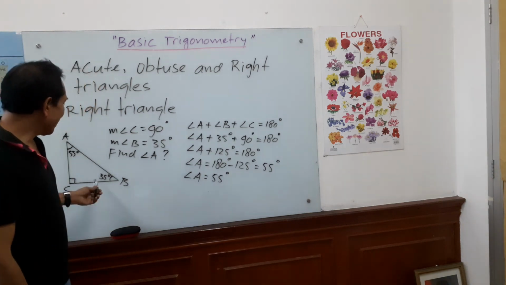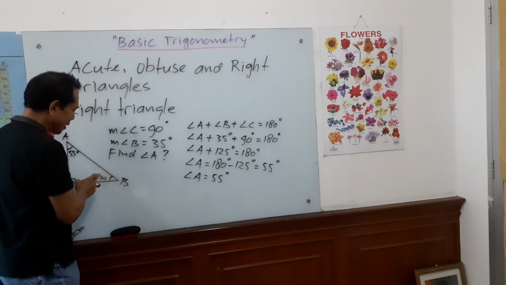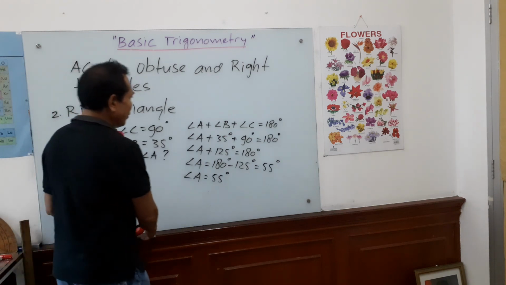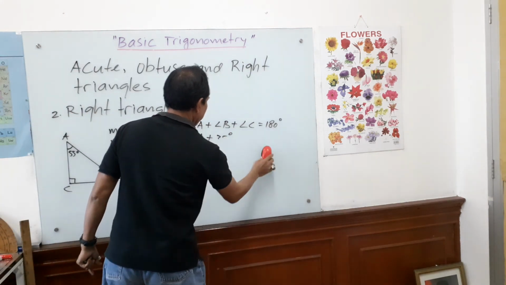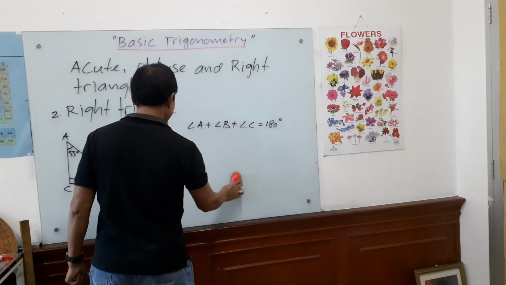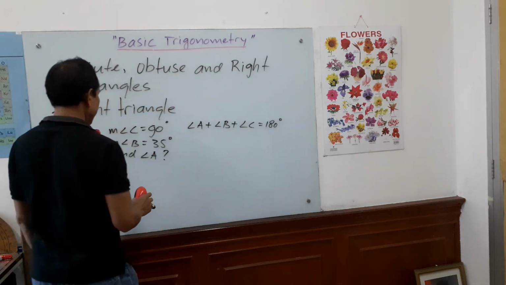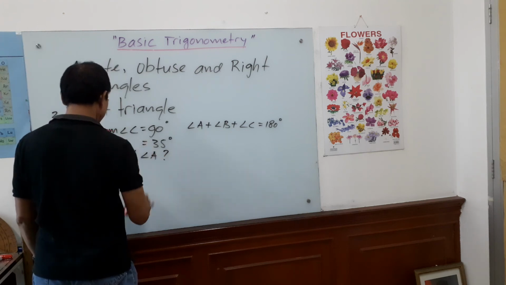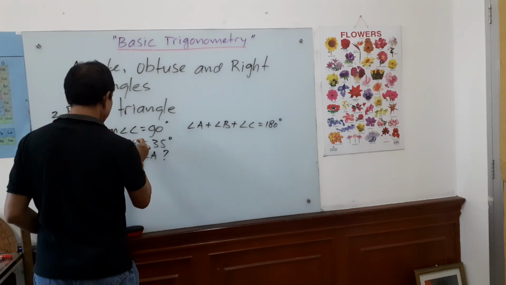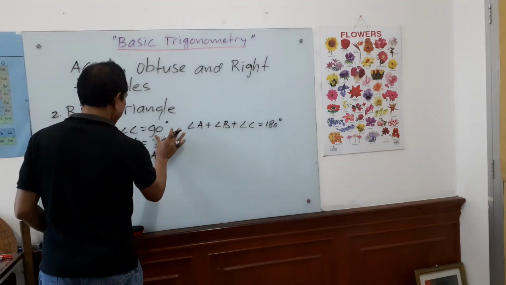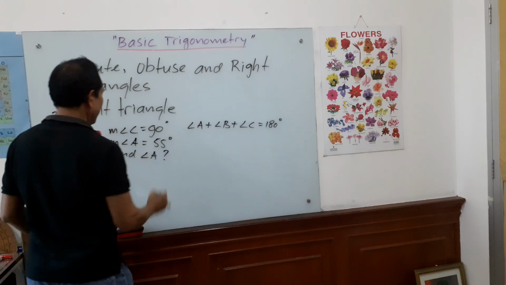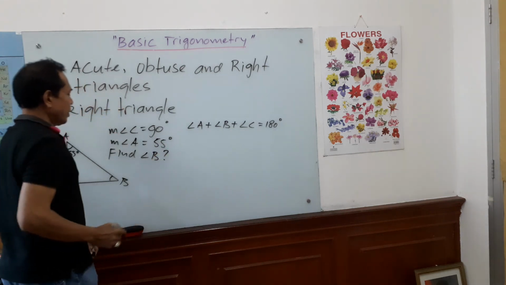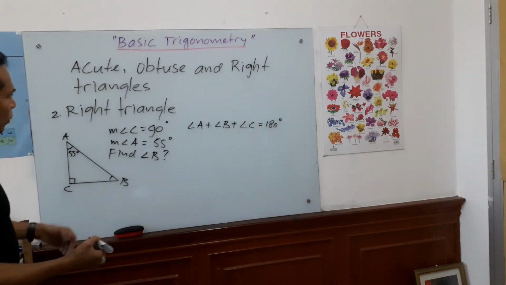Now, let's pretend that we do not know angle B. Then we have to work it out. We can use the same formula. We want to find out angle B. Now, angle A here, we change this. Angle A equals 55. Now, find angle B. Then we work out.